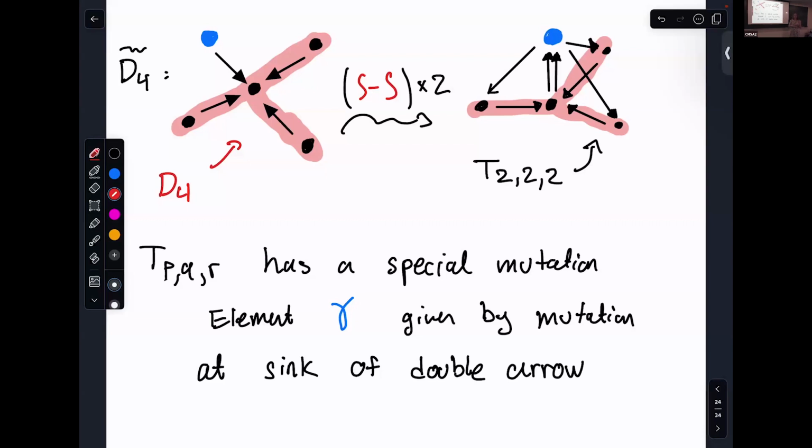In this case it reverses the orientations of all the arrows. So I call the element gamma: mutate back and forth on the double arrow, or equivalently mutate and then switch the two nodes. This is a particularly nice mutation element.